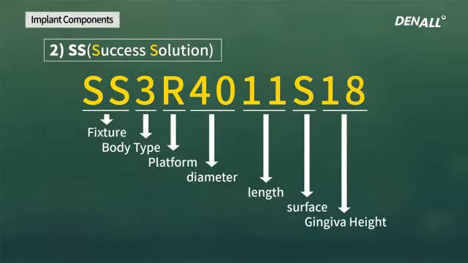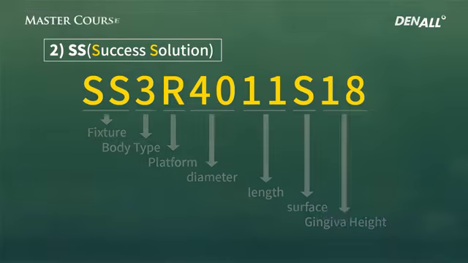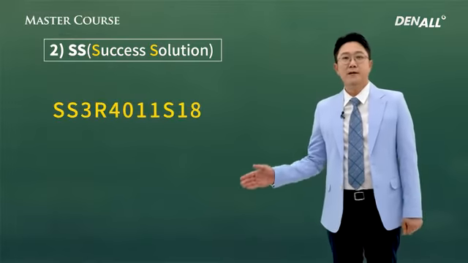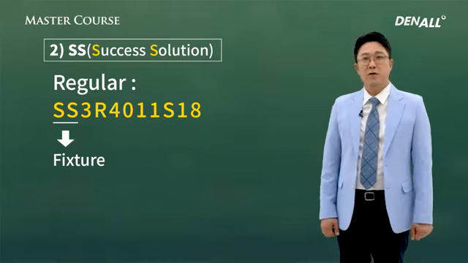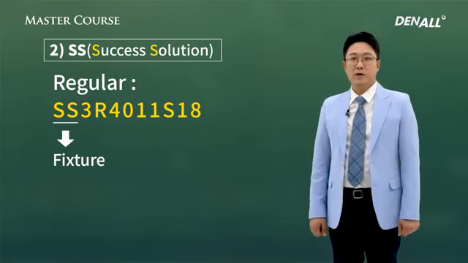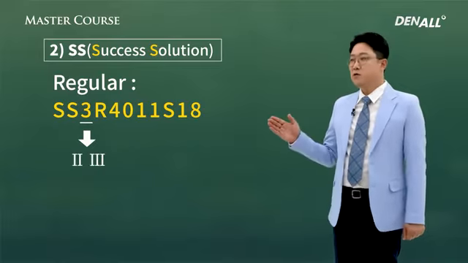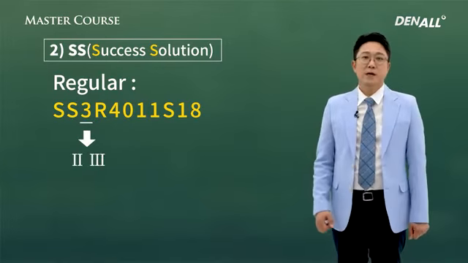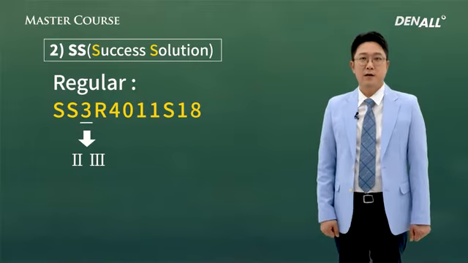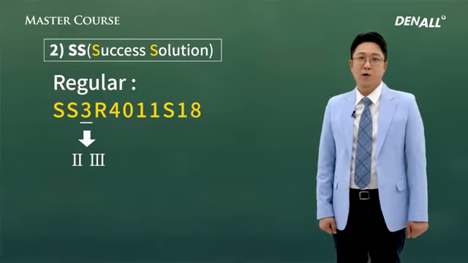SS3R4011S18. This product number holds significant meaning. Let's look at each one. SS at the very front means fixture system, and in the case of TS implant, it is marked as TS. The number 3 reflects the body type of SS fixture, and if it is straight, it is 2.